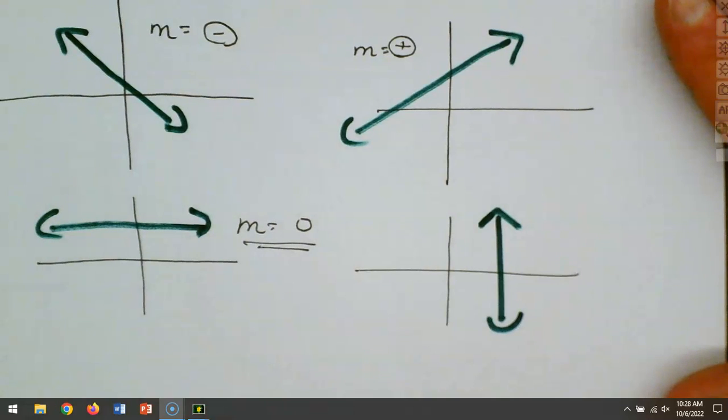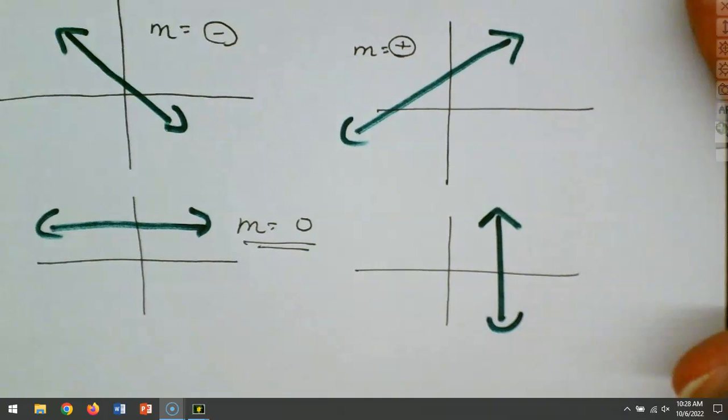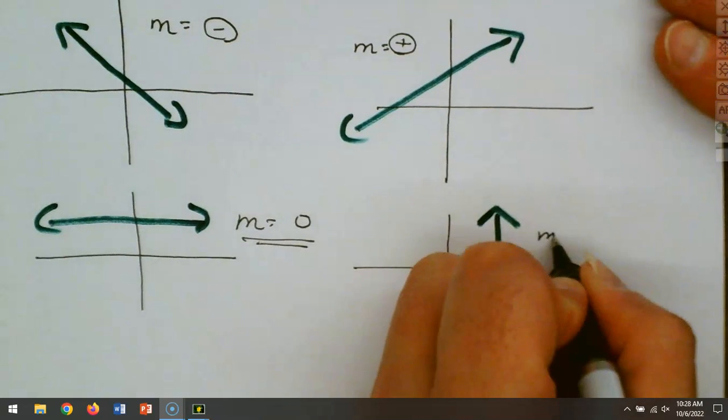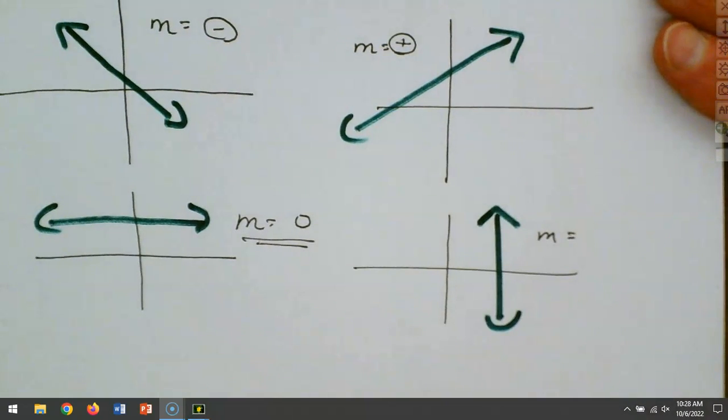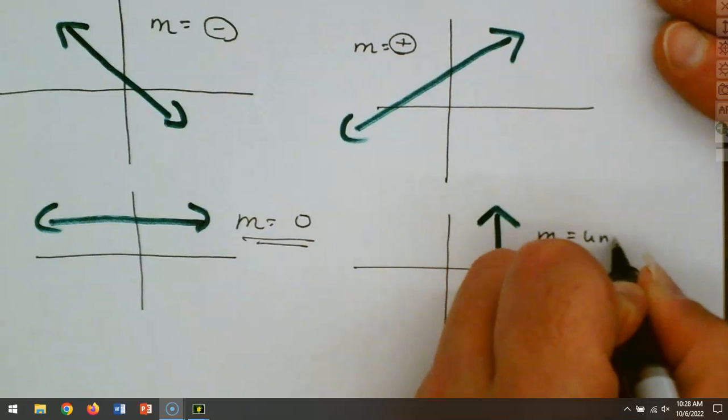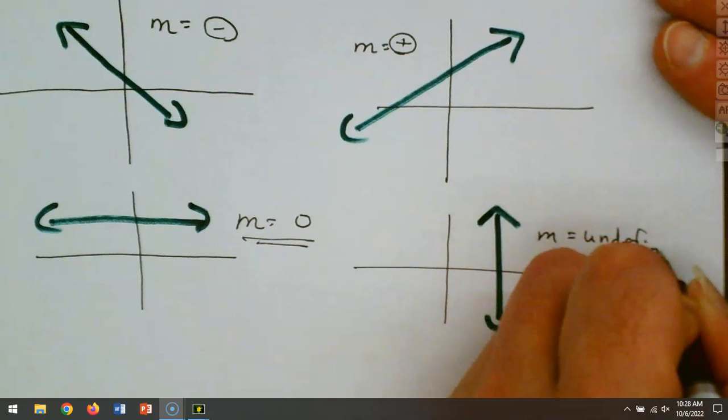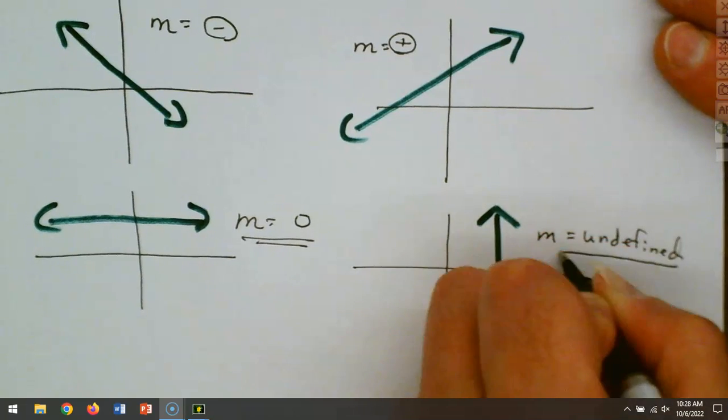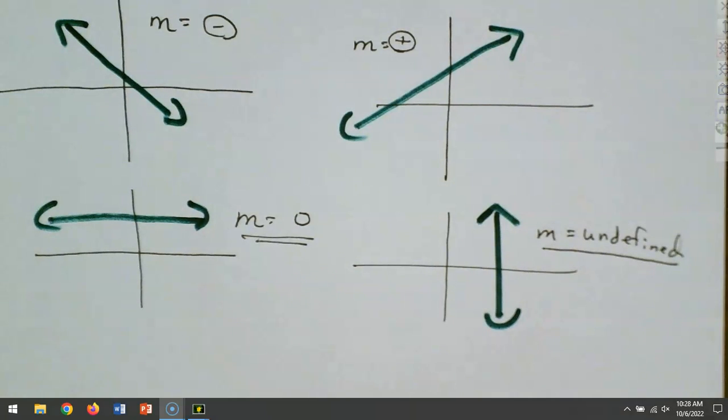Remember that? Now, what about my vertical line? The vertical line doesn't go left or right, which makes it have division by 0. So this one would have a slope that is undefined, right? Remember those?